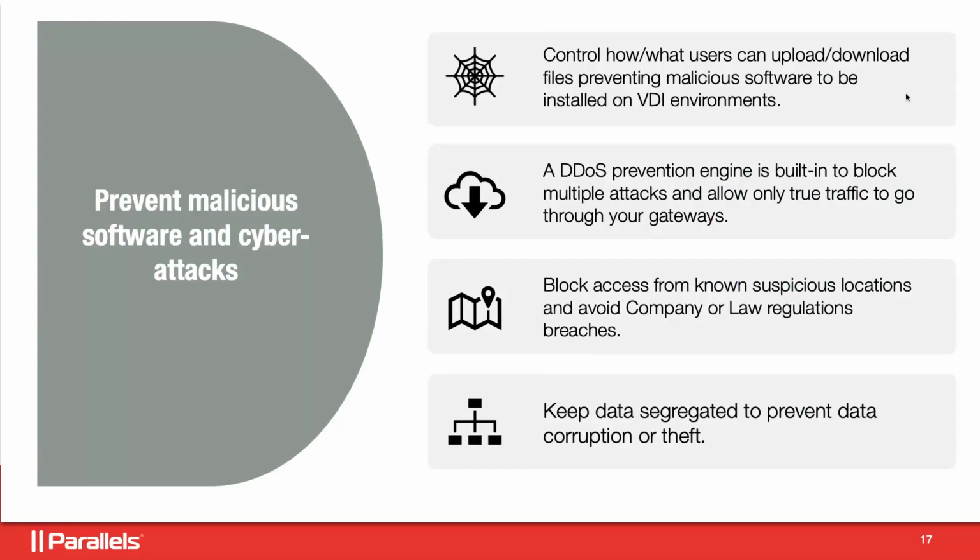We have built-in denial-of-service protection to block users if someone's trying to attack our secure gateways. That's the single point of entry, which is secured and encrypted, but we have built-in preventions to stop any attacks on that.